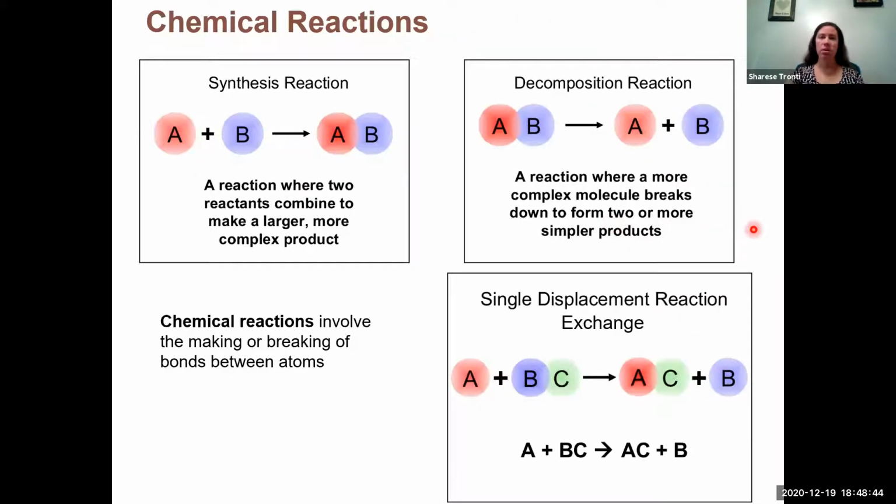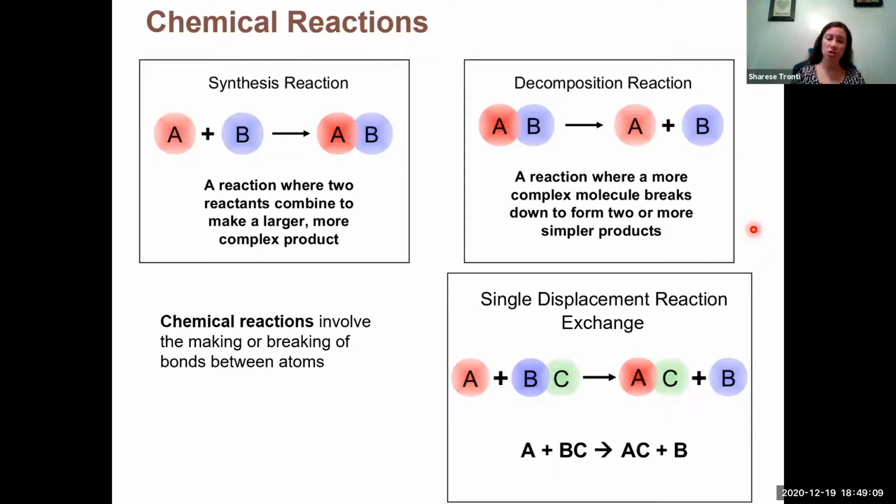All right, now we're going to talk a little bit about chemical reactions. So a few different types. We can have a synthesis reaction, where we take different reactants and combine them to make a more complex product. Or the opposite, which is a decomposition reaction, where we take a more complex molecule and break it down to form simpler products.